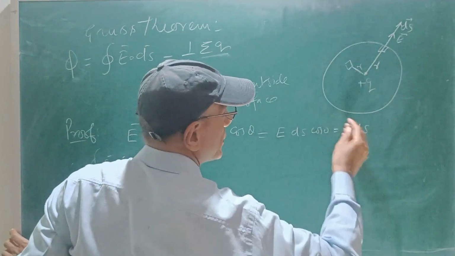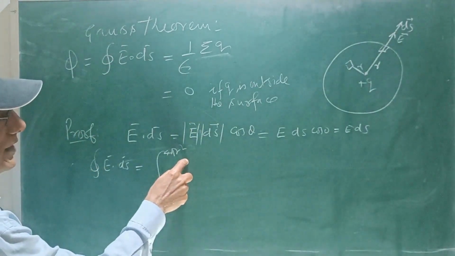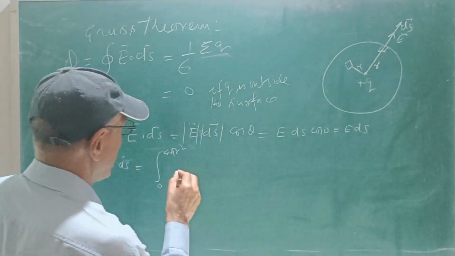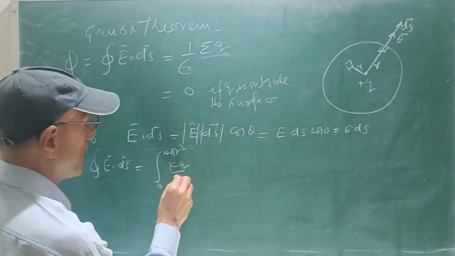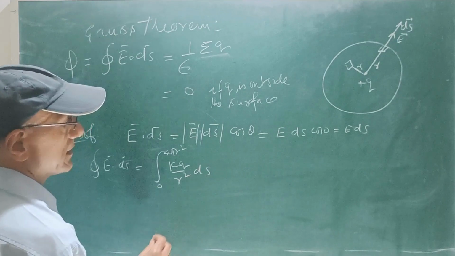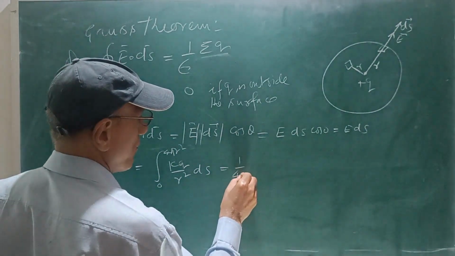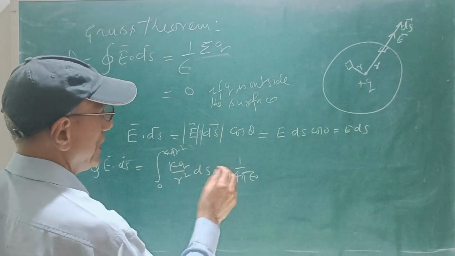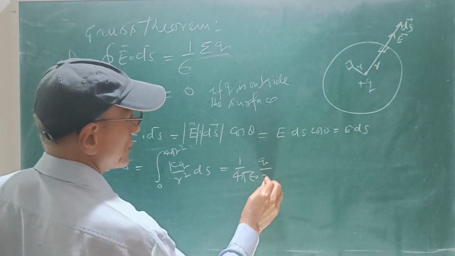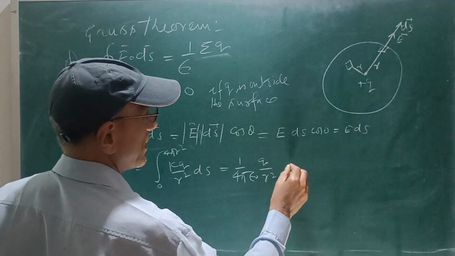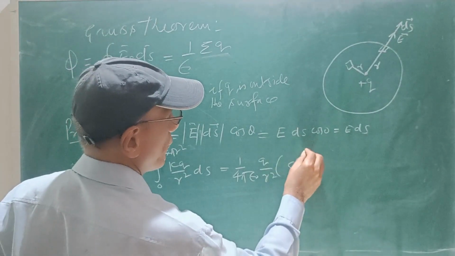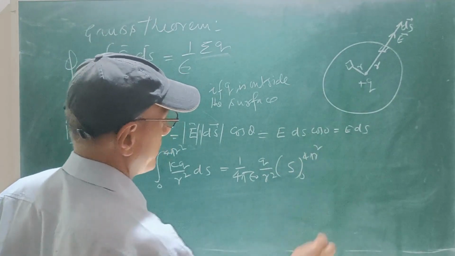This is a sphere, so the area of the sphere is 4 pi R square. The value of this E is KQ by R square, ds. That will be equal to 1 upon 4 pi epsilon naught, Q upon R square, and integral of ds will be s, so 0 to 4 pi R square.